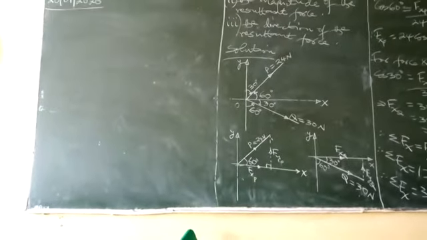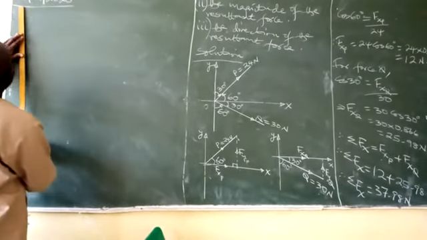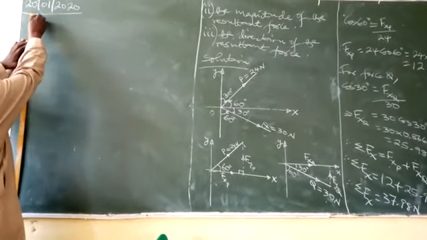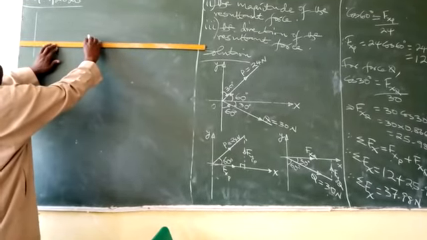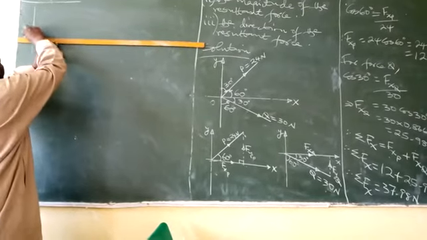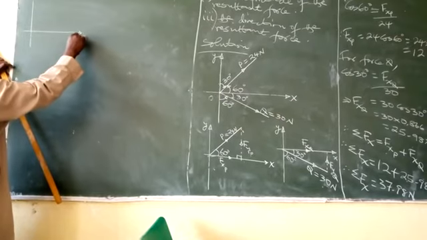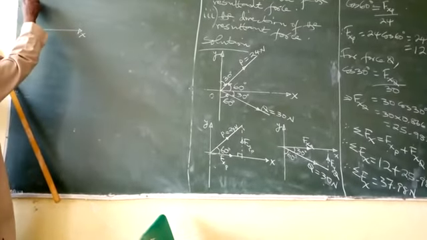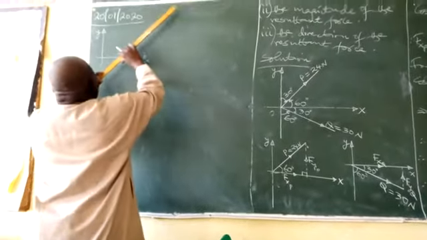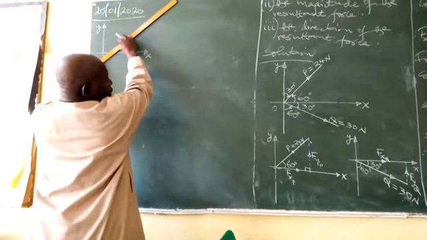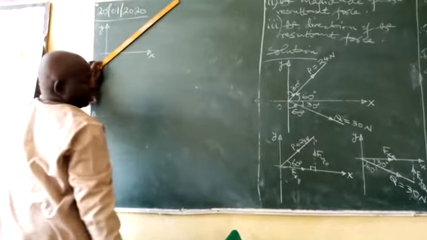So, the vertical component, I have this is for force P. Force P, this is X. This is Y. So, I have can you use the same data?